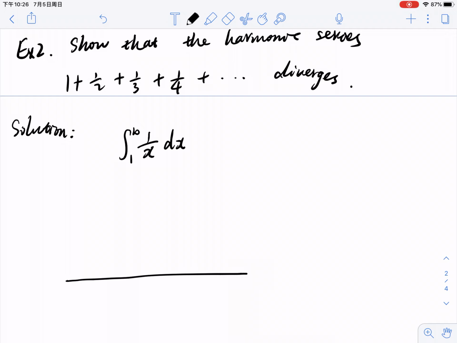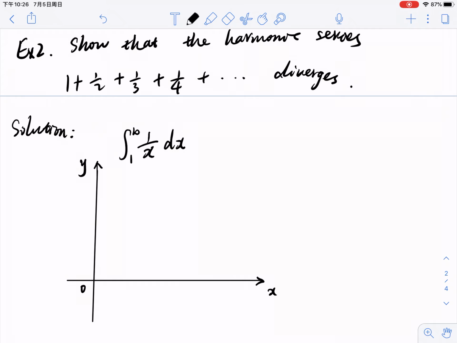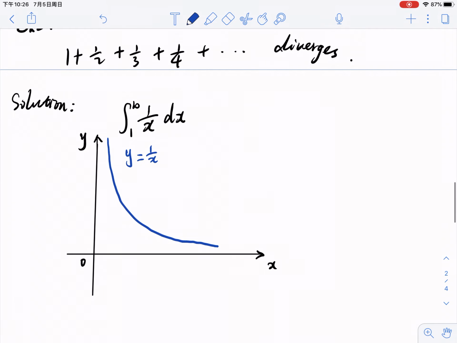We look at it from the graph. y is equal to 1 over x is this curve, with x marked at 1, 2, 3, 4. We approximate this infinite integral by a left-hand sum, where the terms 1, 1/2, 1/3, 1/4 are heights of rectangles of base 1.